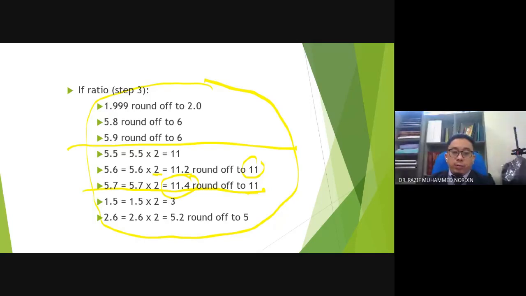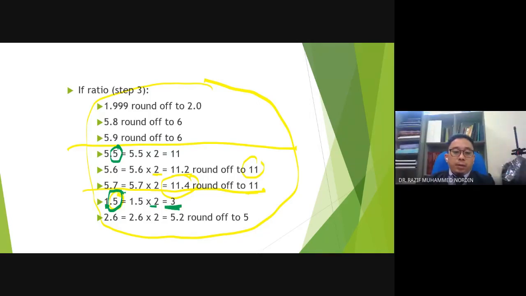But then untuk 1.5, you times again. Tengok, kita concern over here, not 5. Doesn't matter yang di depan ni berapa, 1 ke, 2 ke, 3 ke. But if not 5, we times by 2, which is almost the same as not 5, 5.5 over here. Times by 2, for this case 1.5, kita akan dapat 3.